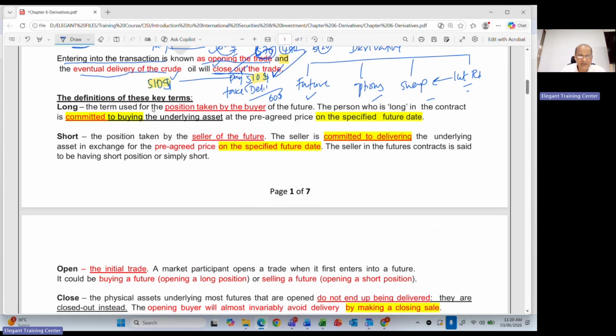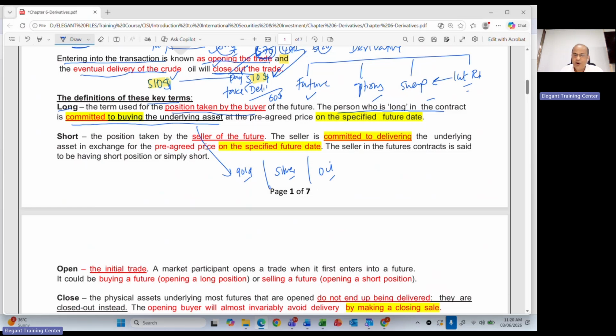The definitions of these key terms. Long means the position taken by the buyer is called long. The person who goes into the long contract is committed to buy the underlying asset. The underlying asset here is, let's say, gold future, or it can be silver future, or oil future.